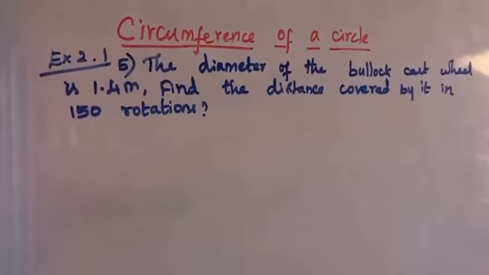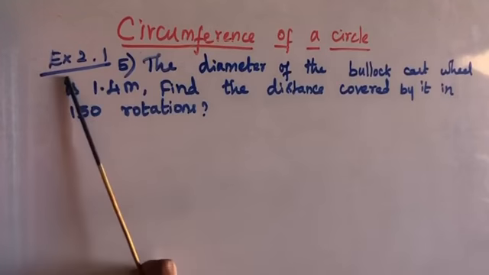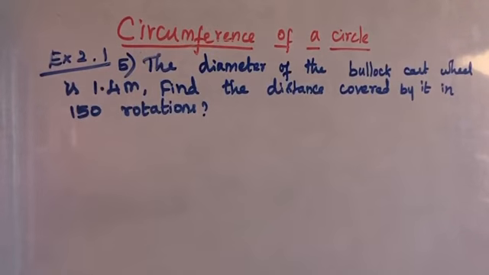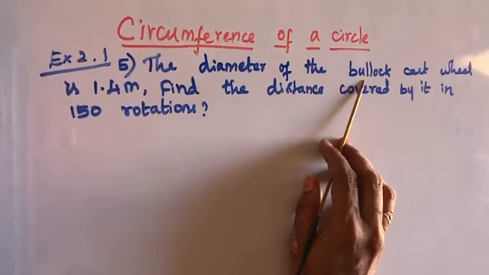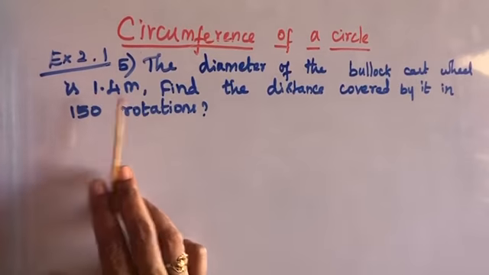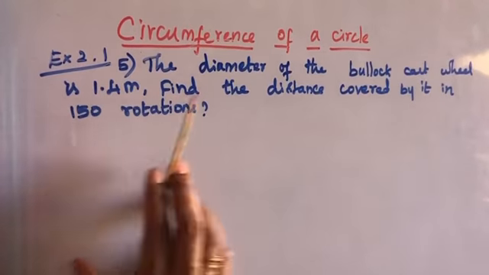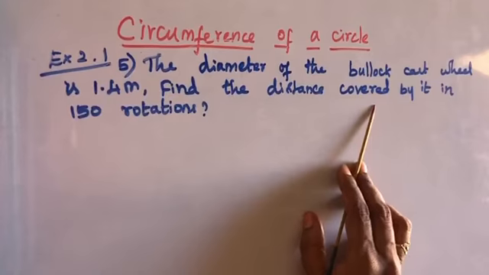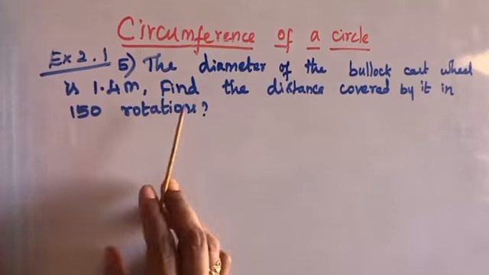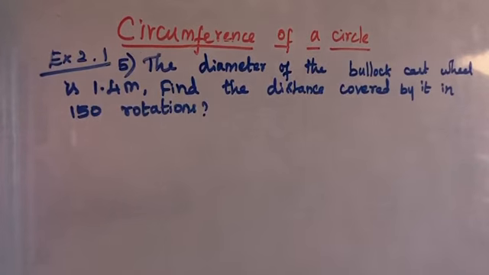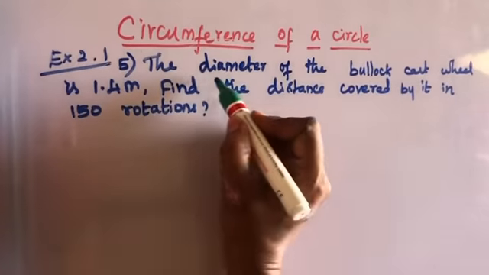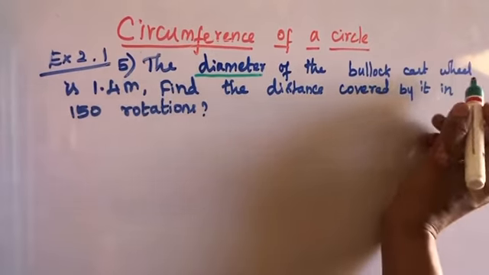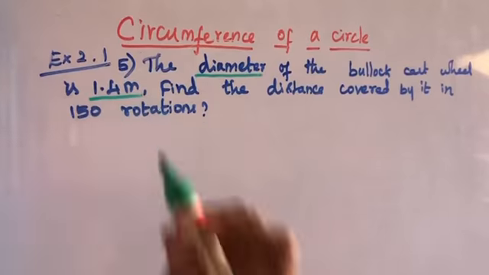Let's read the problem 3.1. In exercise 2.1, the fifth one. The diameter of the bullock cart wheel is 1.4 meters. Find the distance covered by it in 150 rotations. So, the diameter of a wheel is given. Diameter of a bullock cart wheel is 1.4 meter.